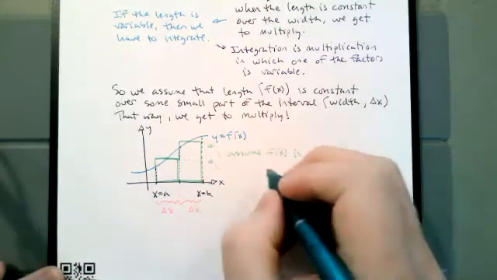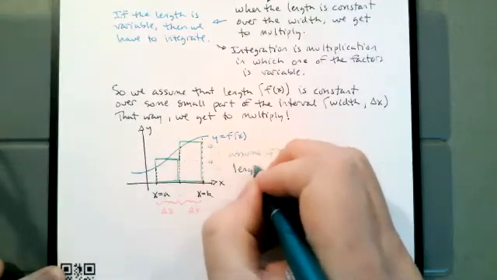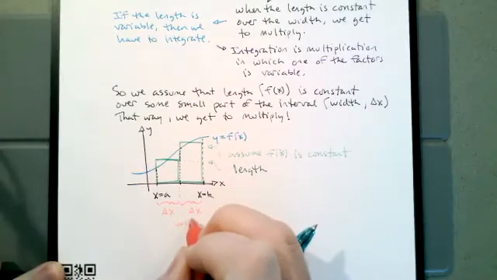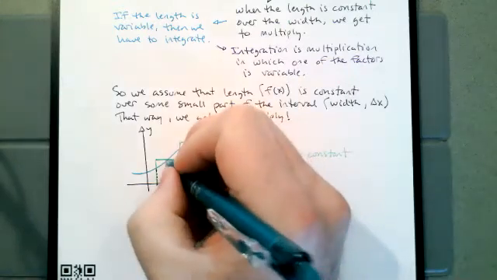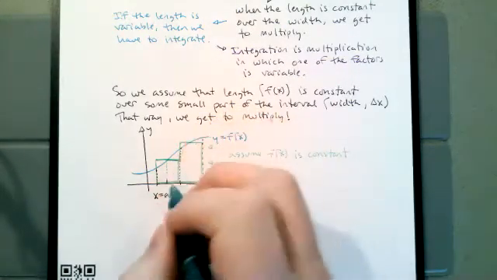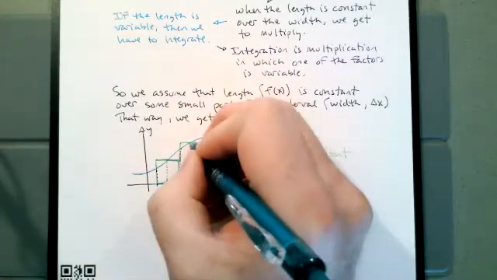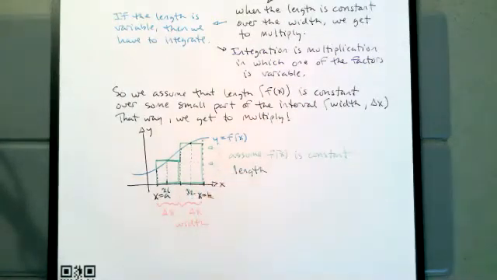So we have length, and our delta x is going to be the width. What we're doing is we're just evaluating the function at some point x, let's say x1, and then evaluating the function again at another point, let's say x2.